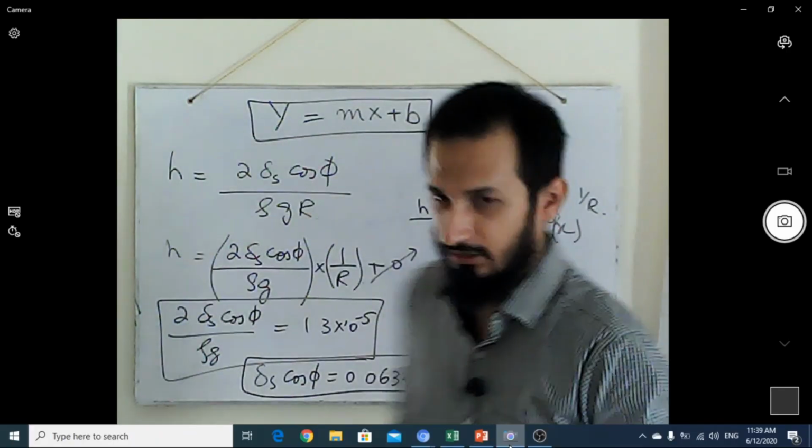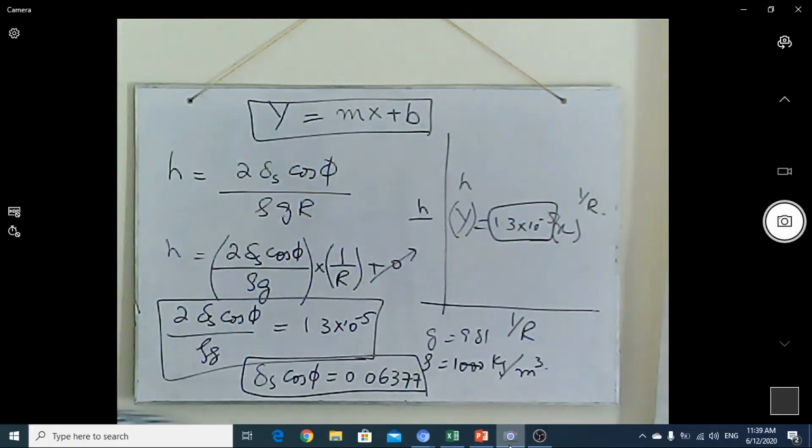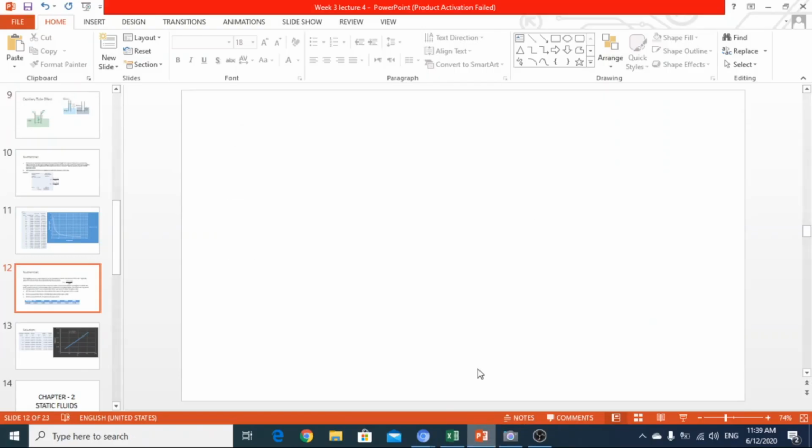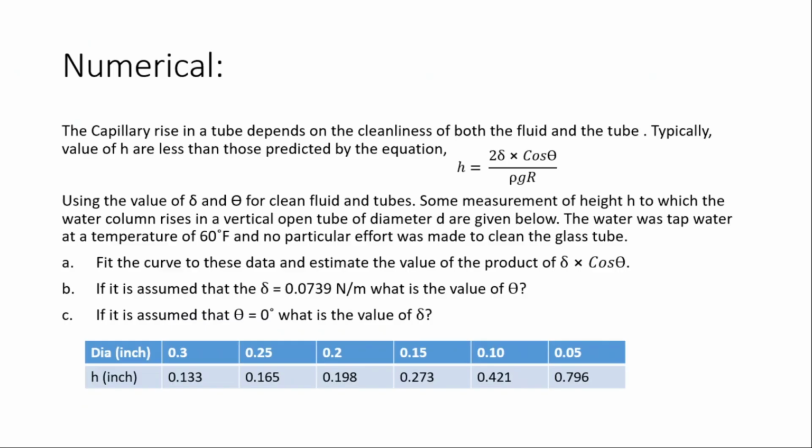The second and third parts are so simple and you need to solve them by yourself. Once you have found these two values, if it is assumed that the surface tension is equal to this value, what will be the value of theta?